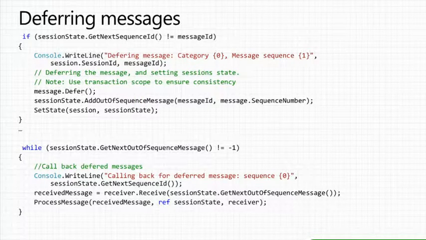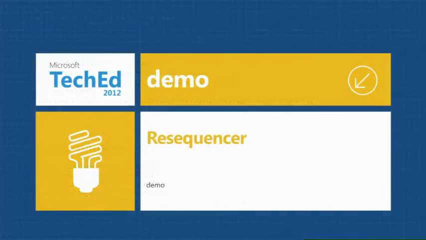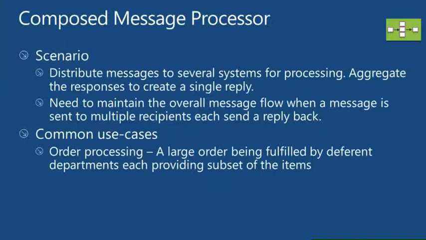And otherwise, if we want to get the message again from the queue, then we need to specify that message ID, and we're going to grab that out of the message state.